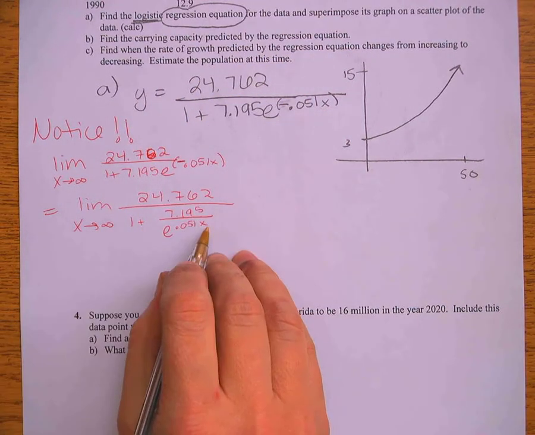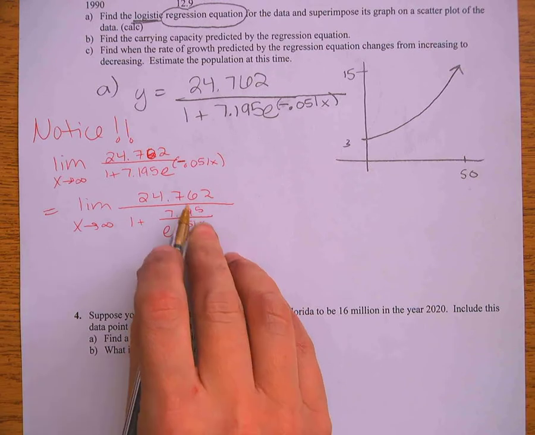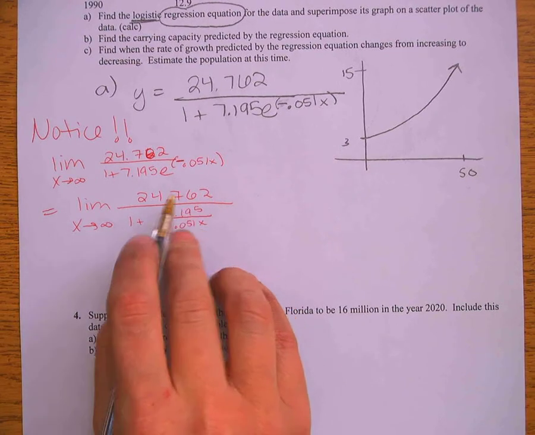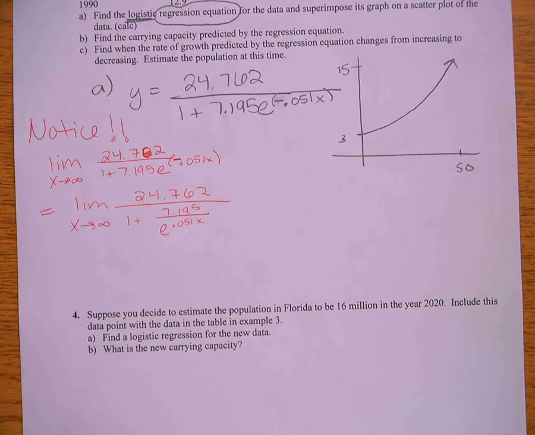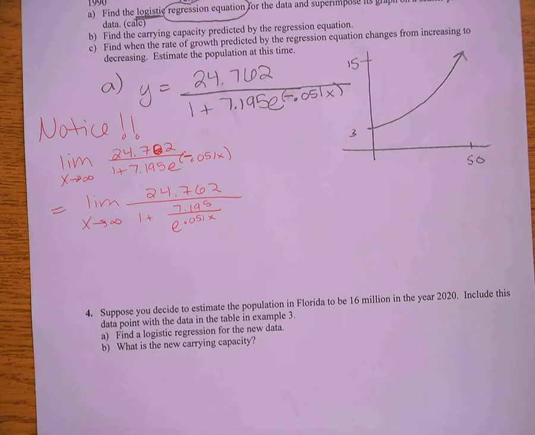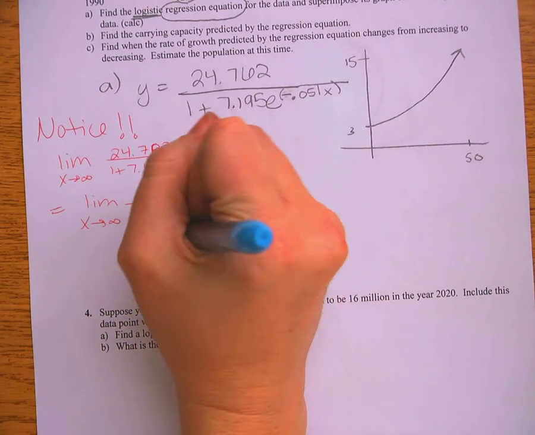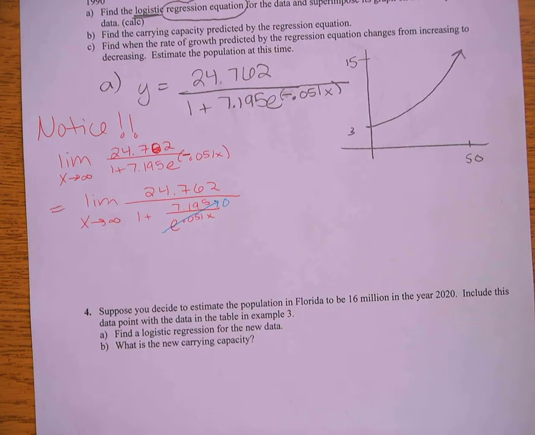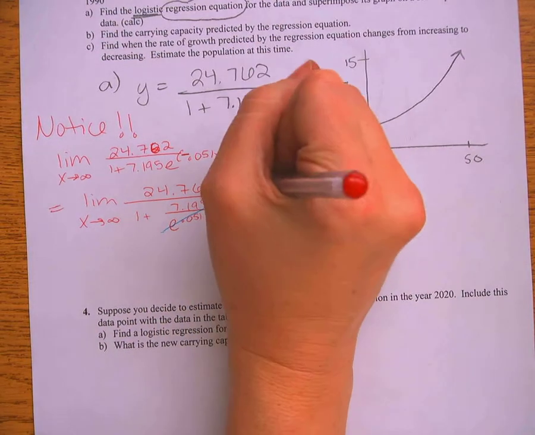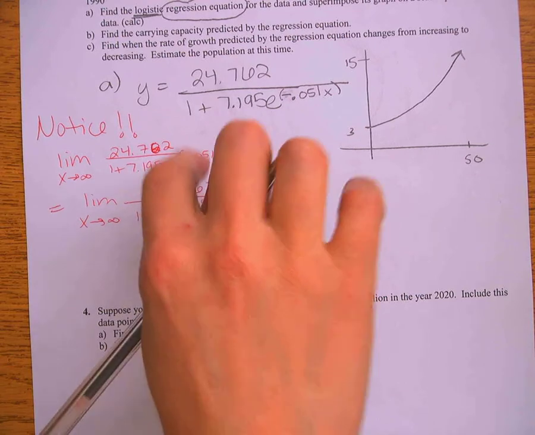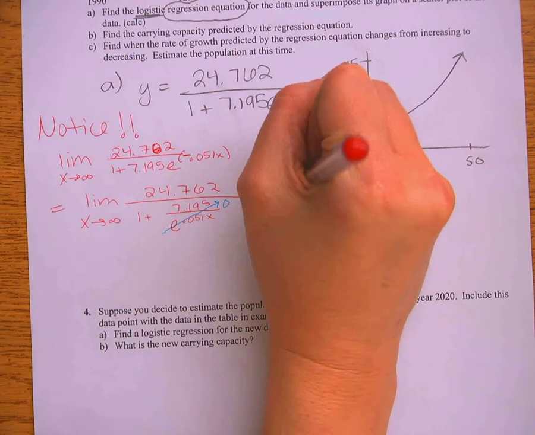And x is growing indefinitely. So this is going to be a small number, 7-ish, divided by a gigantic number. That is going to tend toward 0. As x gets really large, this portion of the equation is going to approach 0, leaving 24.762 divided by 1.